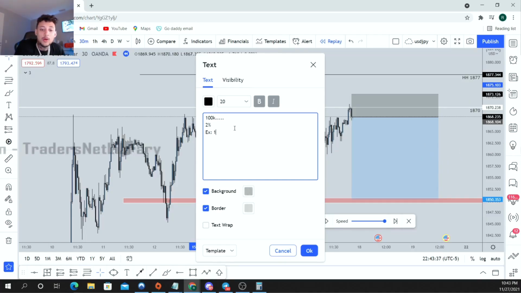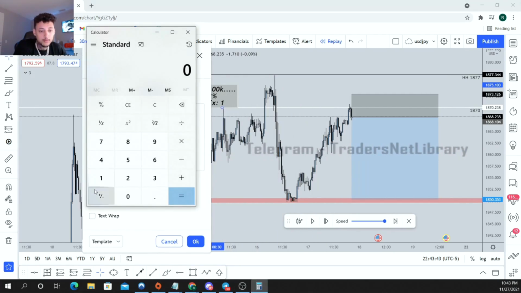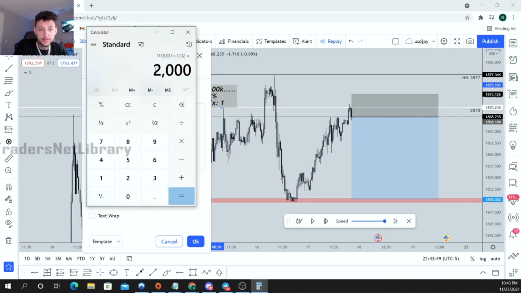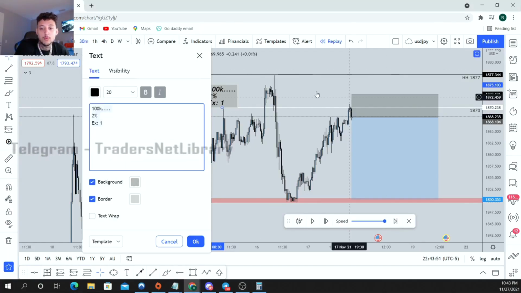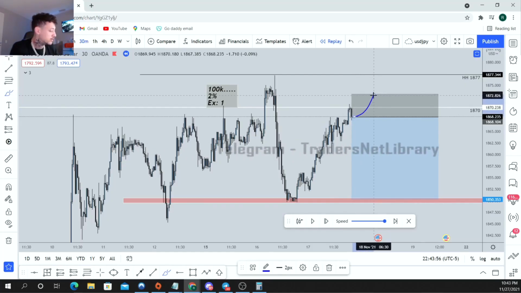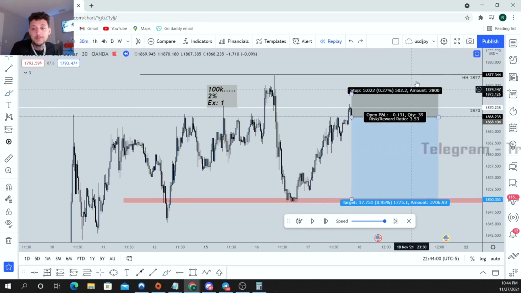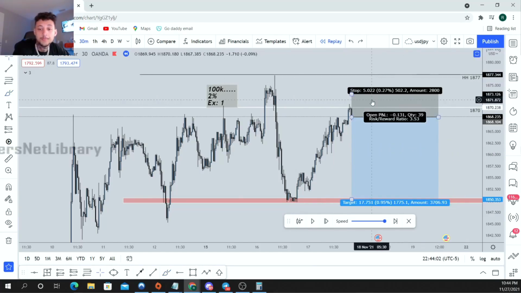So on example one, we're risking 2% on a 100K account. And if you do the math, $100,000 times 0.02 is going to give us a $2,000 risk. So all that simply means is if price hits our stop loss, we're going to lose $2,000, which we've identified, our stop loss is safe up here at a 50 pip loss.